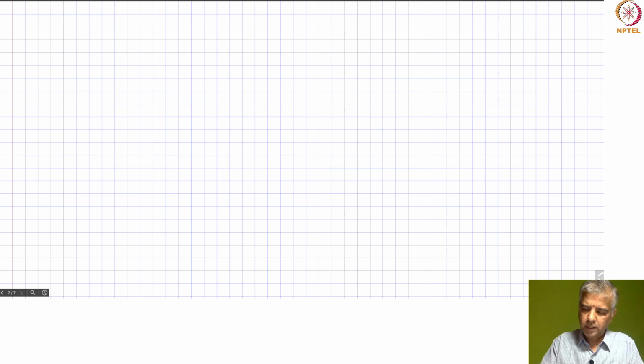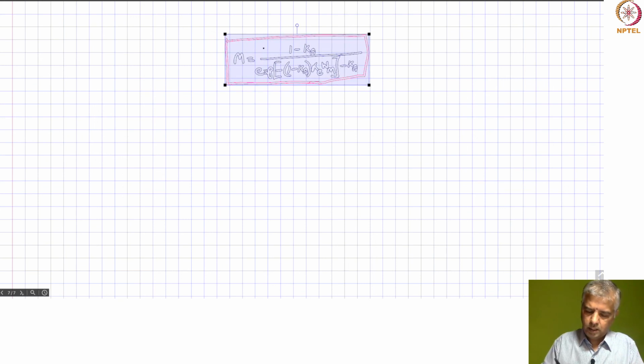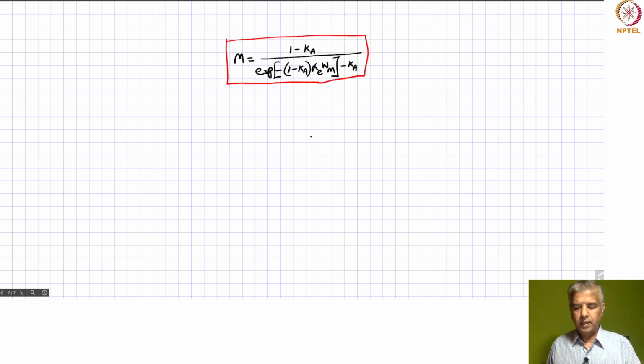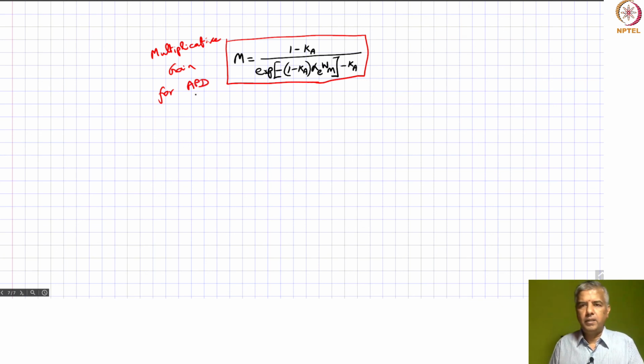So what we are looking at is this expression for the multiplicative gain for an APD. Let's just plot this and see what it means.